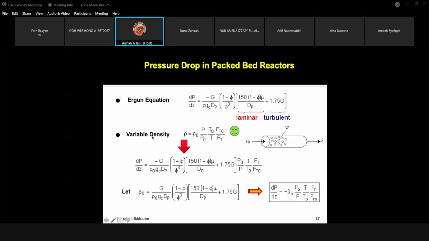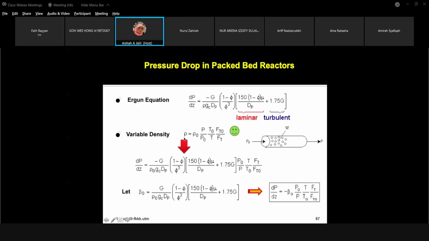Then just remember this is variable density. You can get rho equal rho naught times P over P naught times T naught over T, times F_T over F_T naught. So rho over rho naught becomes like this.